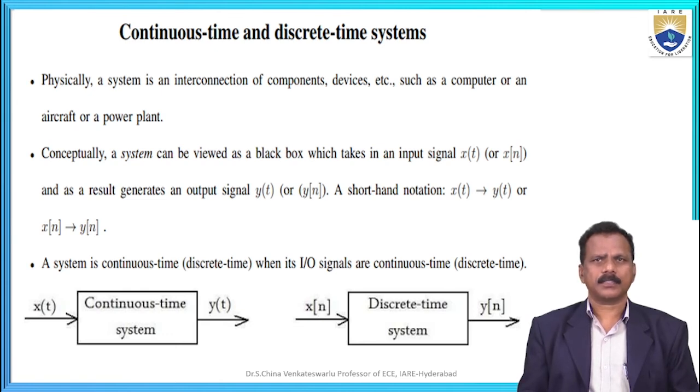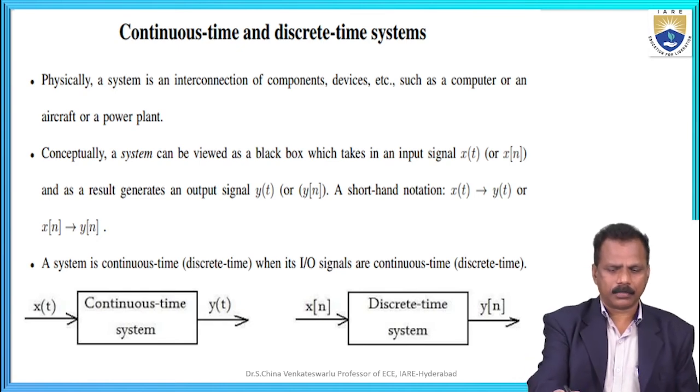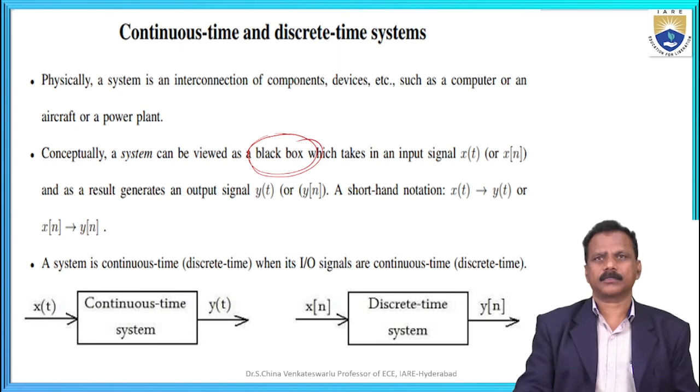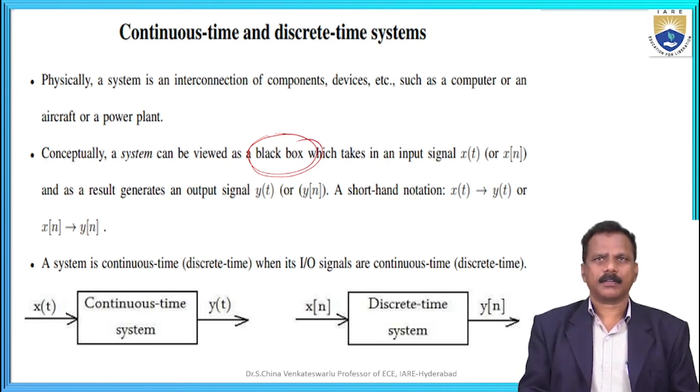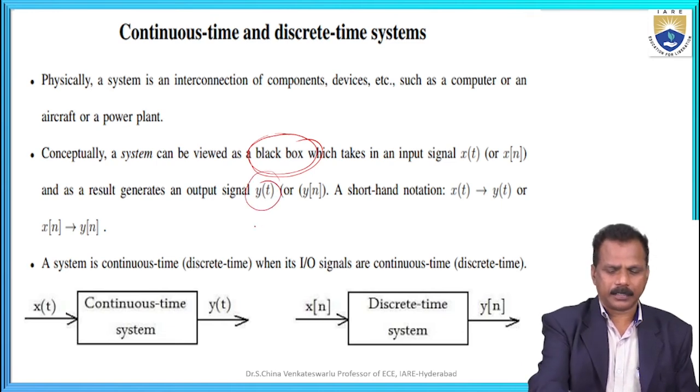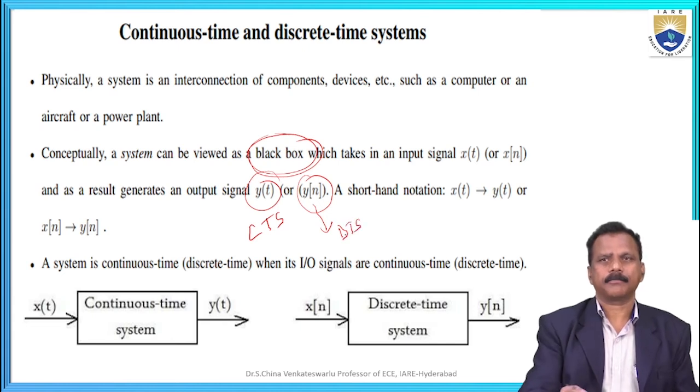Conceptually, a system can be viewed as a black box which takes an input signal x of t or x of n, for continuous time and discrete time systems, and as a result generates an output y of t or y of n. y of t is the continuous time signal, whereas y of n is the discrete time signal.